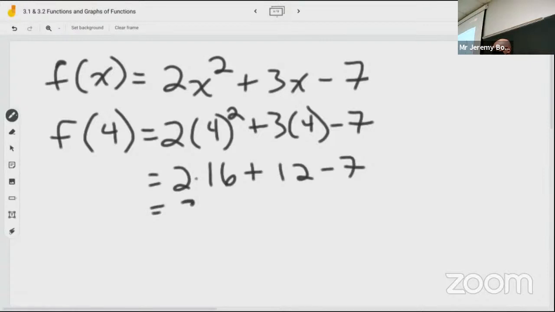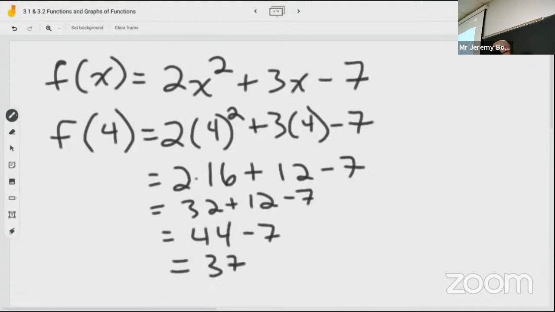It could be 32 plus 12 minus 7, which will be 44 minus 7, which is 37. And so you would have the ordered pair 4 comma 37, if I did all that math right. I think I did. Any questions on that?